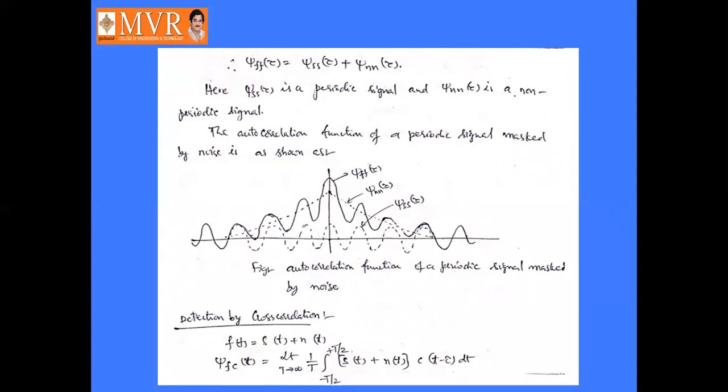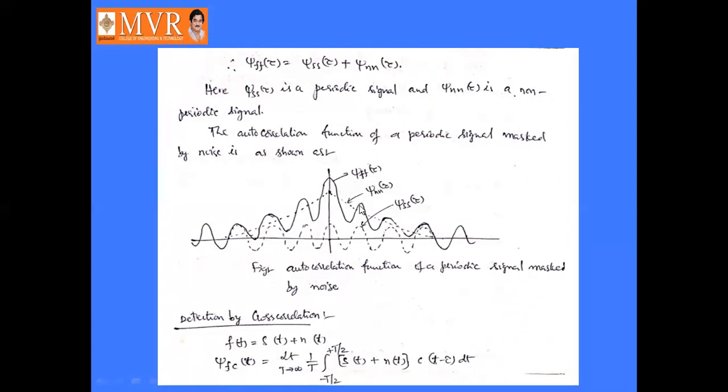Here J_ss of tau is a periodic signal and J_nn of tau is a non-periodic signal. The autocorrelation function of a periodic signal masked by noise is as shown. This dotted signal is the periodic signal, and it is masked by this triangular dotted signal J_nn of tau.